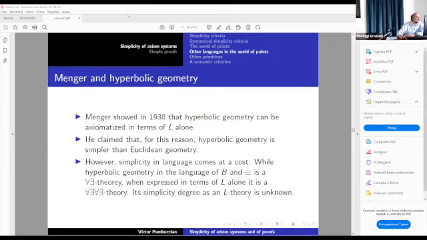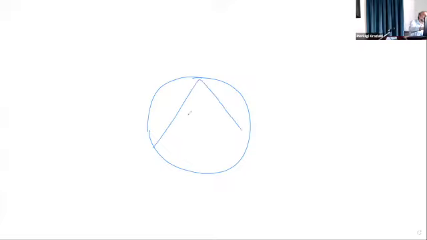Inside this circle is where our world is. Now I have two lines. Suppose the two lines are in a very special situation, that one end is the same for both.